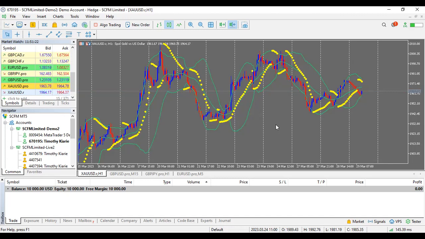Therefore, you need to put in more effort to practice as much as possible, to perfect your entries and your exits. As the old saying goes, practice makes perfect. When you practice, you'll perfect your game.